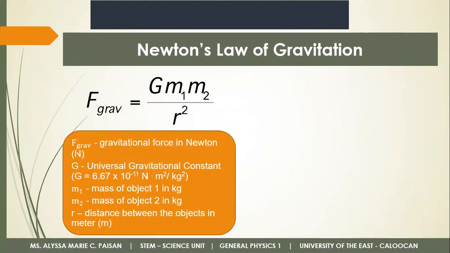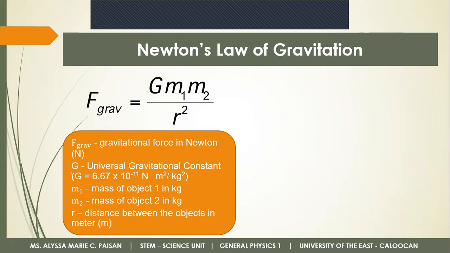Ito siya. The F with the subscript grav stands for the gravitational force in Newton, of course. Again, I will repeat, kahit anong klaseng force yan, the standard unit will always be Newton. And then the capital letter G is the universal gravitational constant. When we say universal, the constant is applicable wherever you are in the universe.